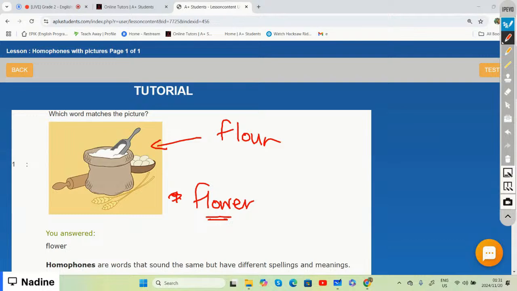All right. So we need to match the picture also. The word needs to match the picture also, like this flower and flower.